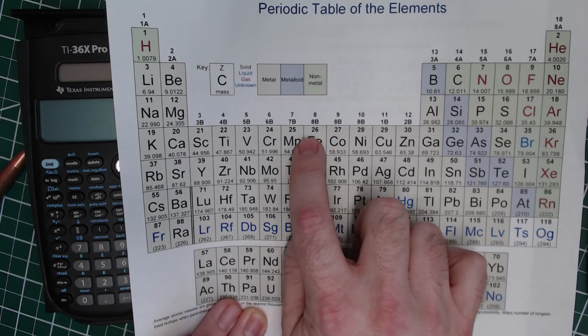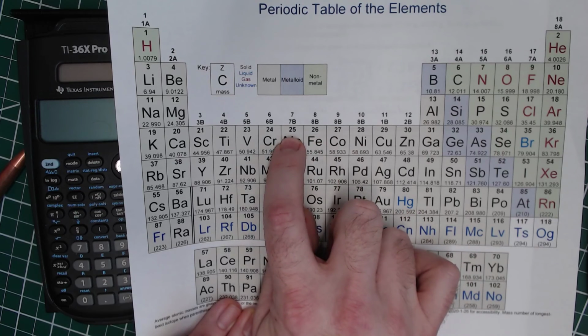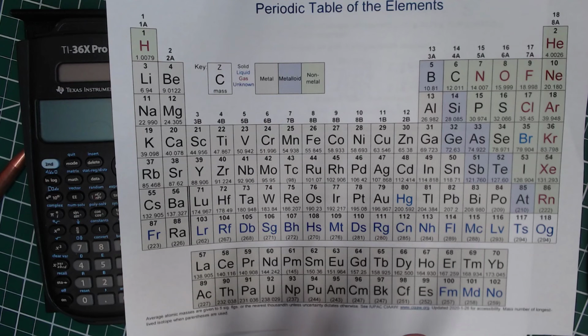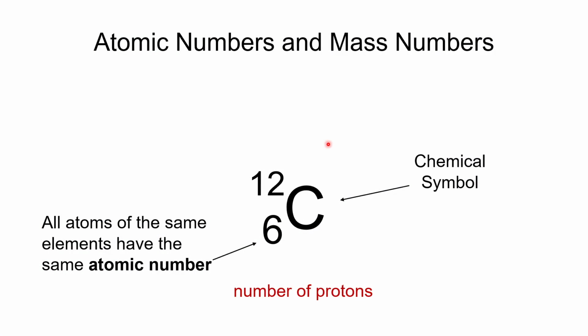Here's manganese, which has an atomic number of 25. All atoms of the same element have the same atomic number. They have the same number of protons. And so really the number on the bottom is redundant with the symbol. Sometimes you'll see isotopes written without the atomic number, because if you know the element, then you know the atomic number, as long as you have the periodic table with you.